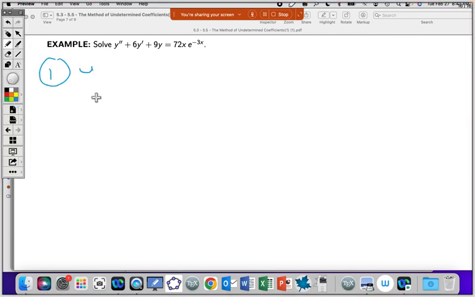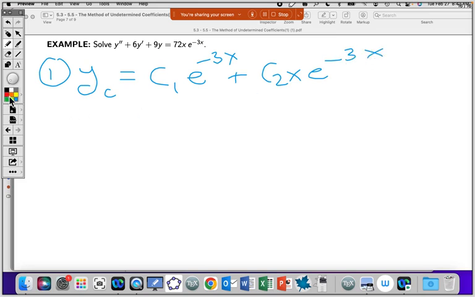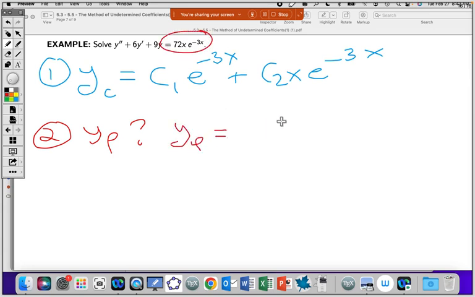So the yc is going to be the same as before. And we go to guess the yp. Well, you would start with ax e to the minus 3x and then think about taking derivatives, and you would get e to the minus 3x's.